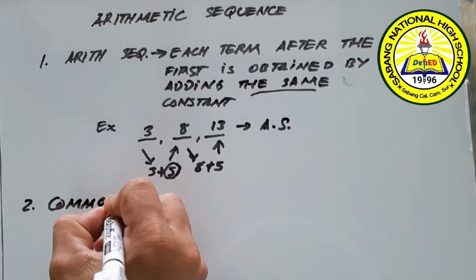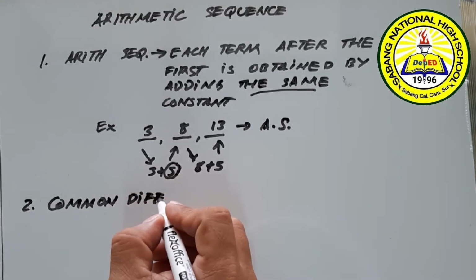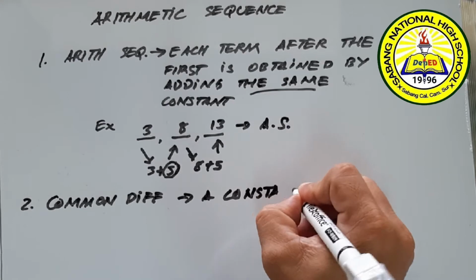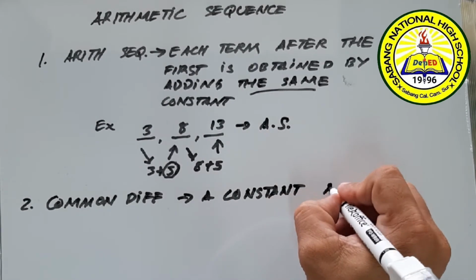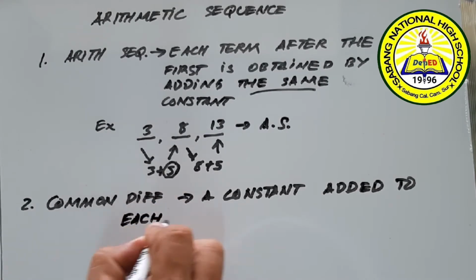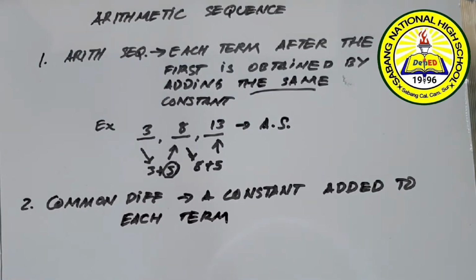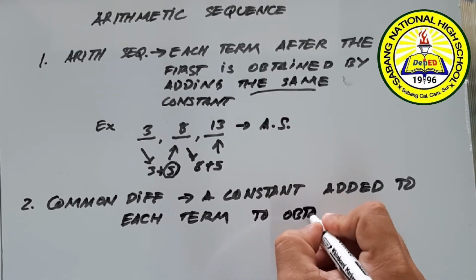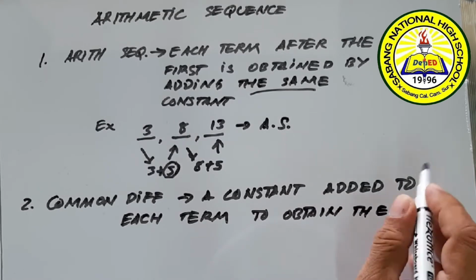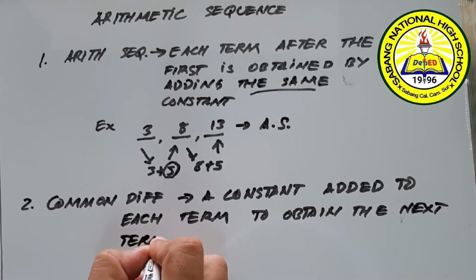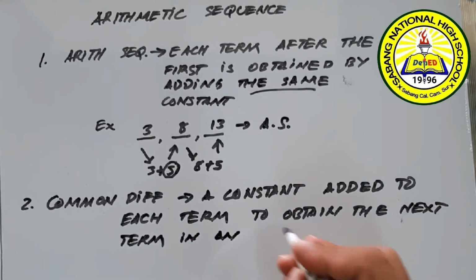A common difference is a constant added to each term to obtain the next term in an arithmetic sequence.